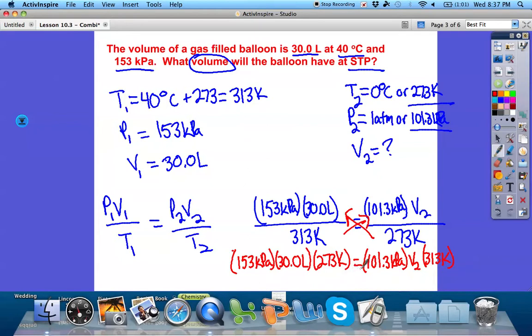To get V2 by itself, since everything is multiplied here, we're going to divide by the 101.3 kilopascals and the 313 Kelvin on both sides of the equation.